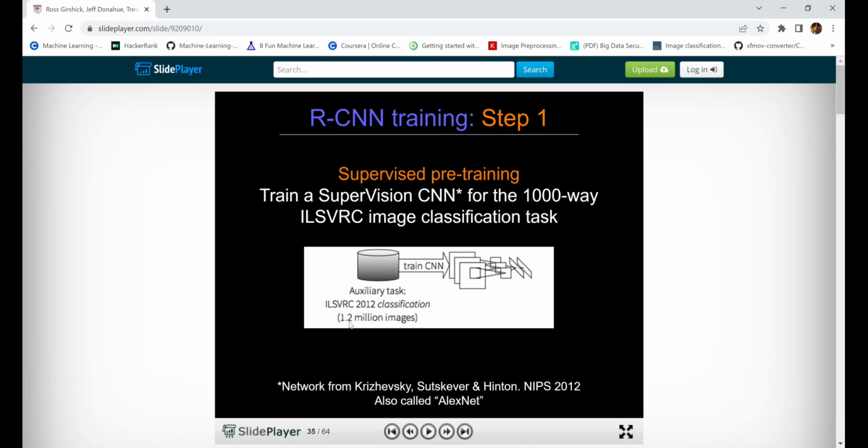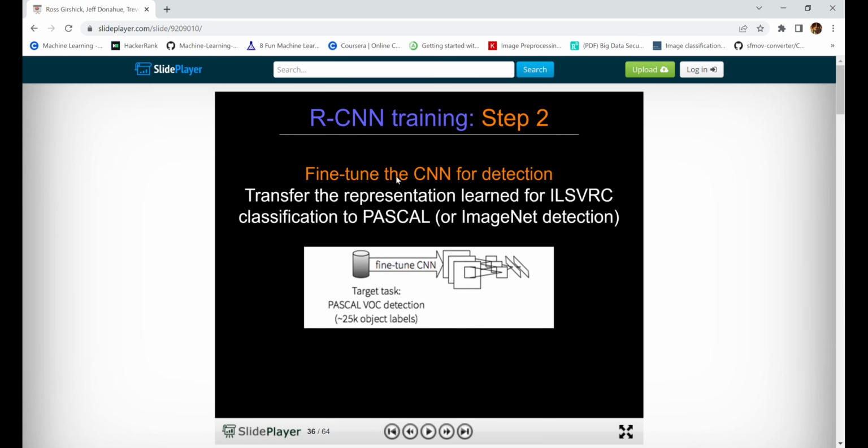So basically they are using a pre-trained model and fine-tuning the CNN for detection, transfer learning, from the model which was trained on this.